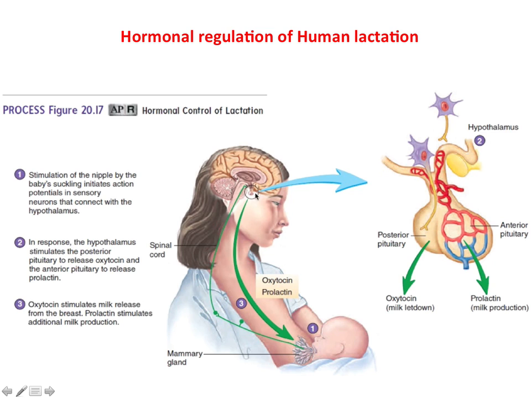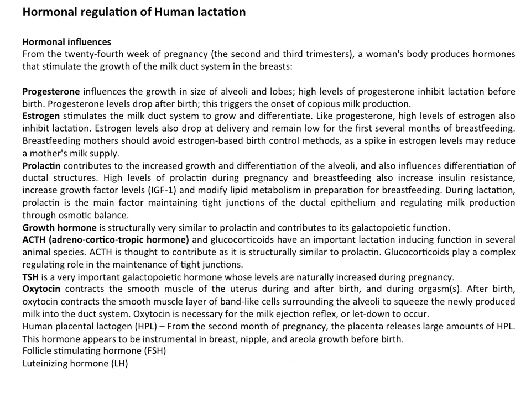The sensory neurons stimulate the hypothalamus, and once the hypothalamus is stimulated, it can stimulate the pituitary gland to secrete oxytocin from the posterior lobe of the pituitary and prolactin from the anterior lobe of the pituitary gland. Oxytocin stimulates the milk release from the breast, and prolactin stimulates the additional milk production in the mammary gland. Apart from these two important hormones, other hormones are also important in human lactation.